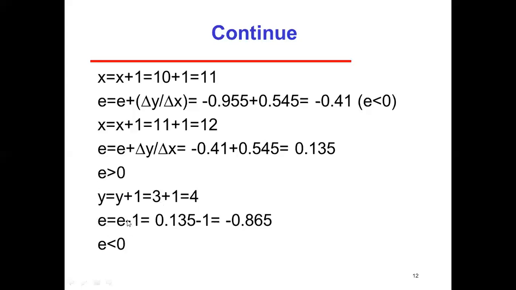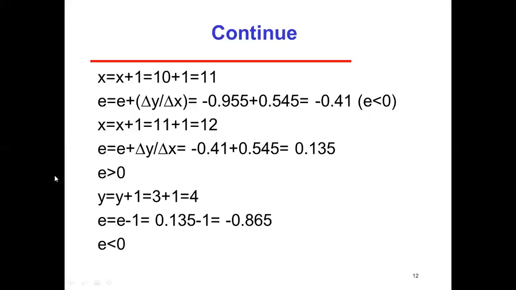Because E is greater than 0, the new value of error term E is equal to E minus 1. If E is positive, then E is equal to E minus 1, and if E is negative, then E is equal to E plus delta y over delta x. So concentrate seriously on this, on how we will solve for new values of E. It will depend on whether E is greater than 0 or less than 0. Again here we are getting a negative value.